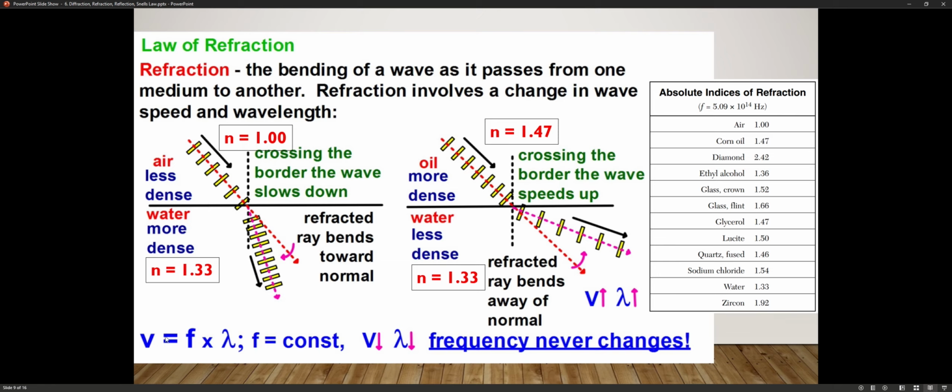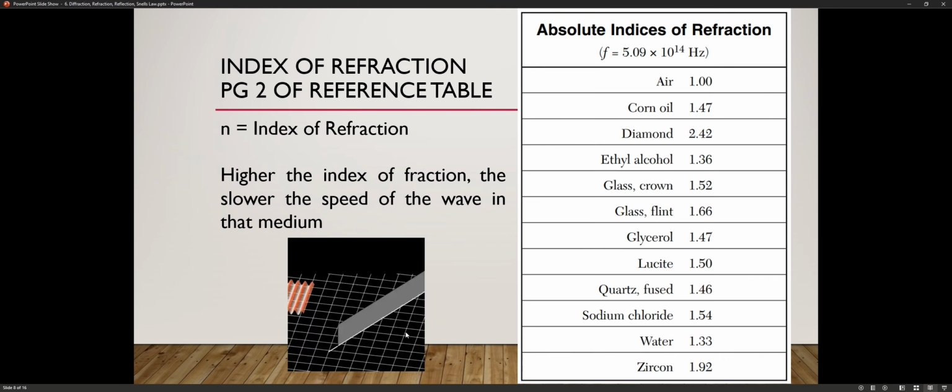Again, we're looking at the bottom right here. Just ignore the picture in the middle for now. V is equal to frequency times wavelength. Your frequency is always constant. But if your velocity is going down, then your wavelength must decrease as well. So that's basically what you're seeing right here.